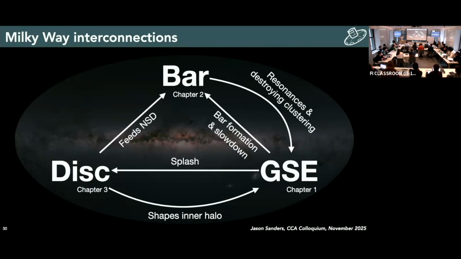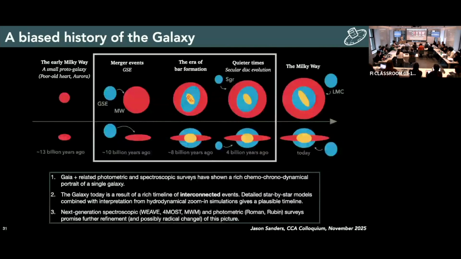And then finally, the disk material is feeding the nuclear stellar disk along the bar, and then the bar in return potentially is driving migration through the disk and explaining the distribution of the stars that we see in the solar neighborhood today. So yeah, that's my talk, the biased history of the galaxy.